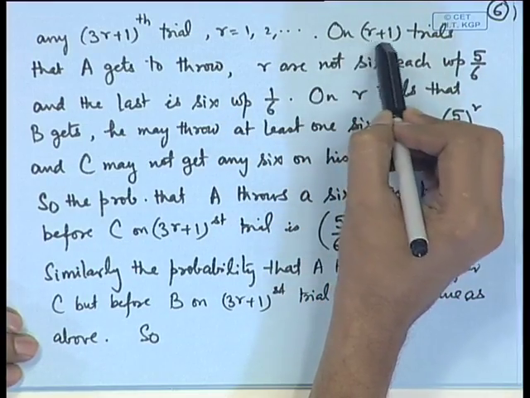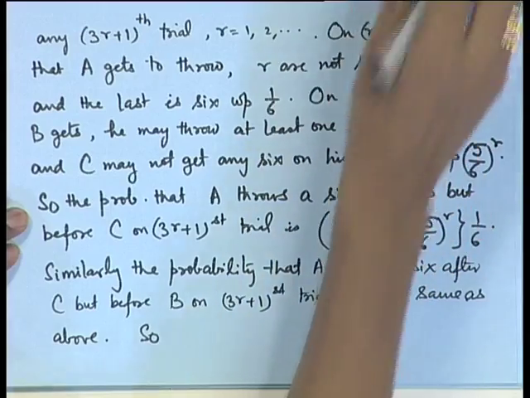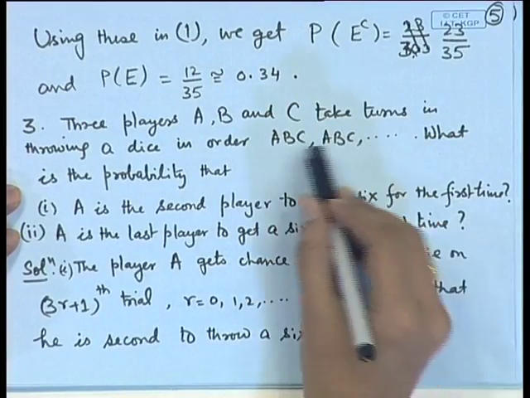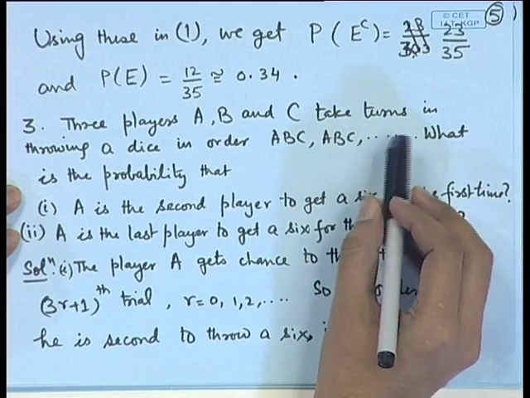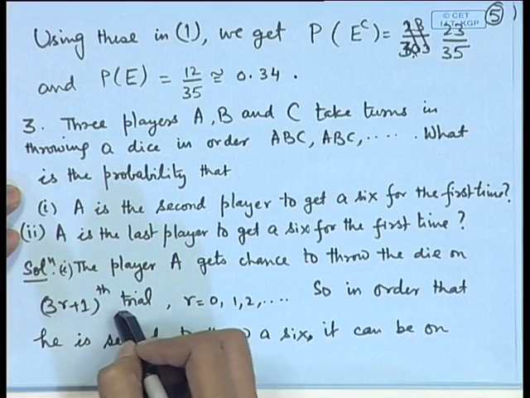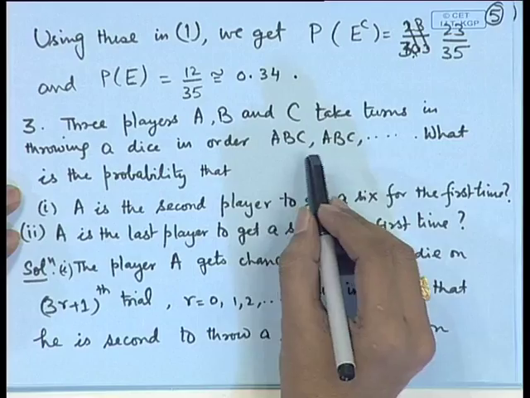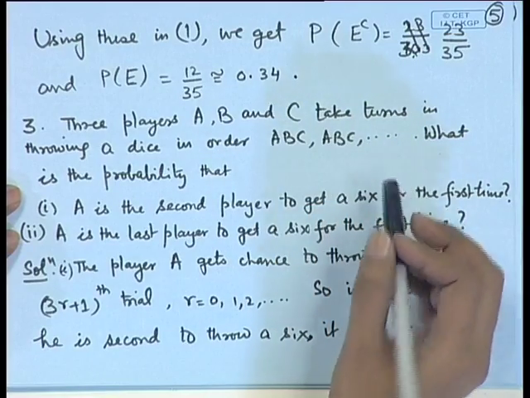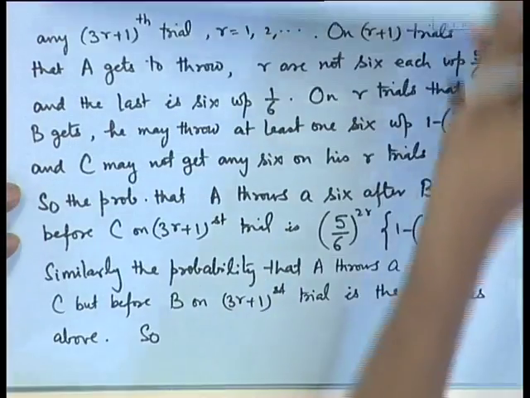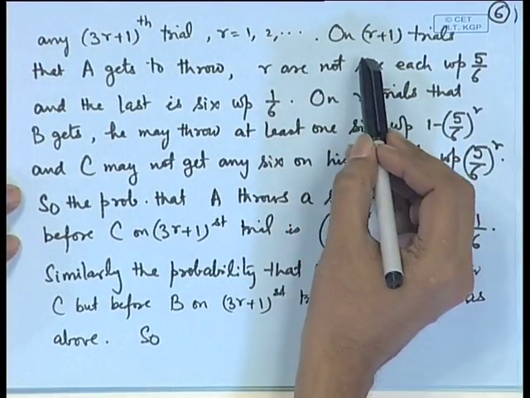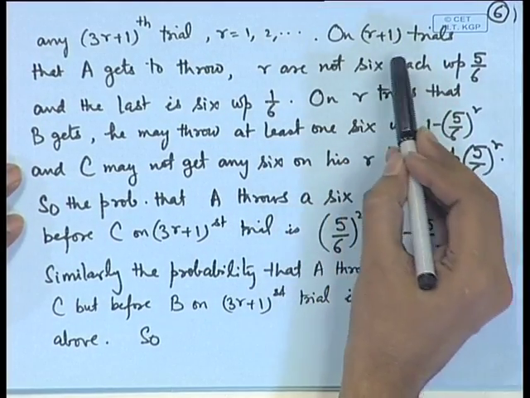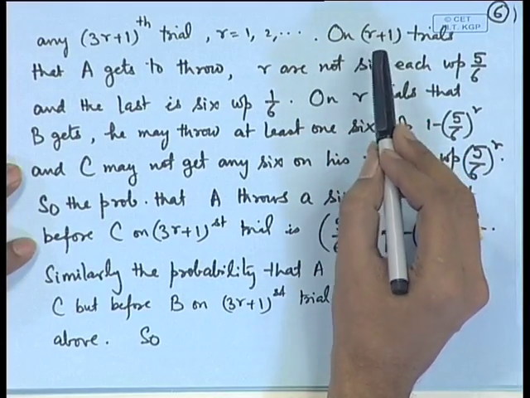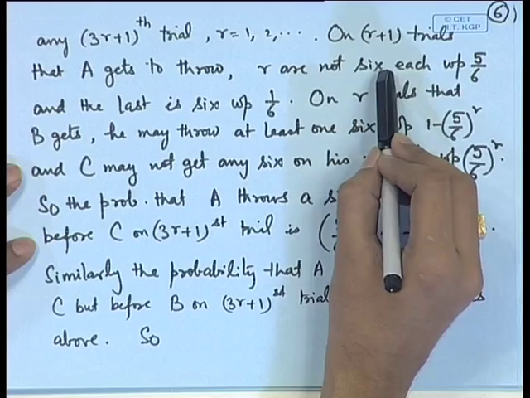Now, for the player A, he is getting r plus 1 trials, because in 3r plus 1th trial he is getting a 6. That means, before that each of A, B and C get r trials. So, the player A should not get 6 on the first r trials.